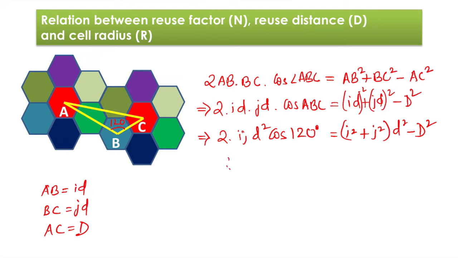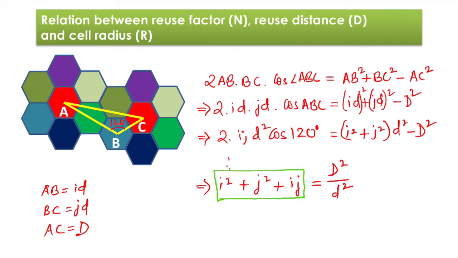If you simplify, you can write i square plus j square plus ij is equal to capital D square by small d square. And this part is represented as n, which is the reuse factor.